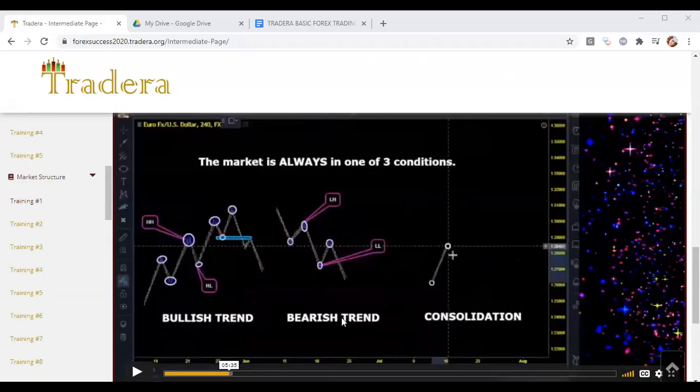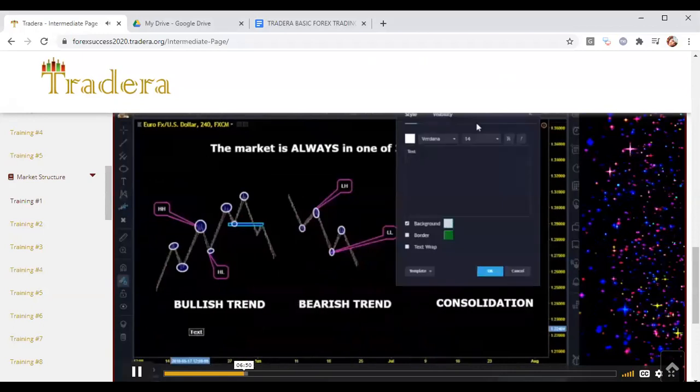Okay, so in these markets, there are 3 different types of conditions. We're either going to be in a bullish trend, a bearish trend, or consolidation. Consolidation is a sideways market. Let me show you.